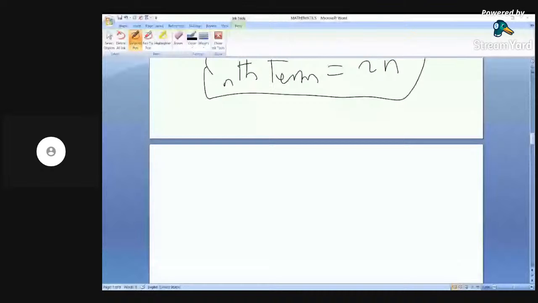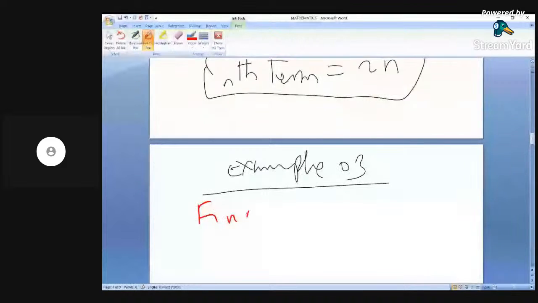The last example for this session, dear students: we're supposed to find the next 2 terms. This is example 3. Find the next 2 terms.